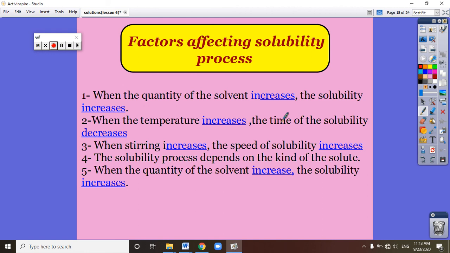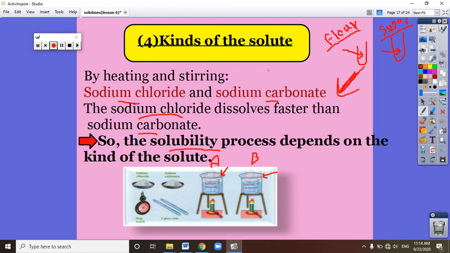So when the quantity of solvent increases, the speed of the solubility process increases. When the temperature increases, the time of the solubility process decreases, or the speed of the solubility process increases. When stirring increases, the speed of the solubility process increases, and the solubility process depends on the kind of solute.